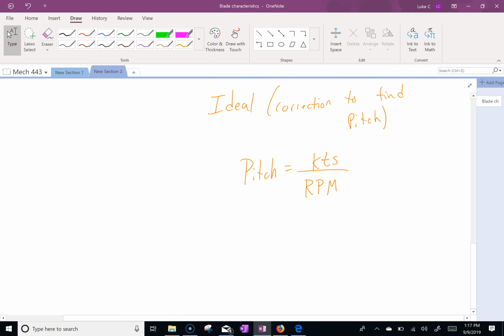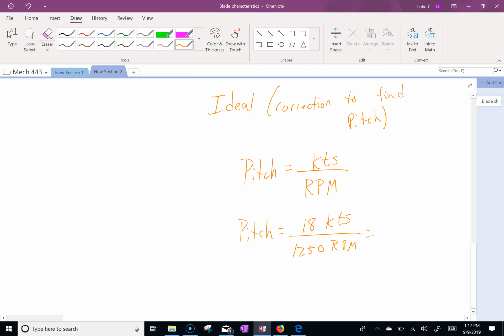So we have roughly, what did we say, 18? And 1250 for RPM. Can someone plug that in their calculator?